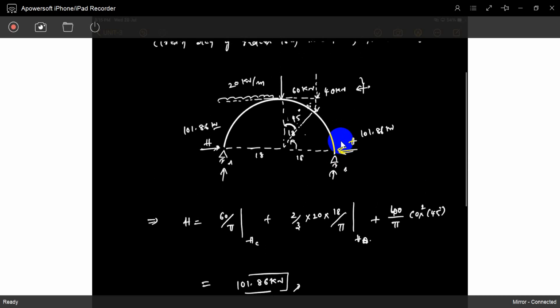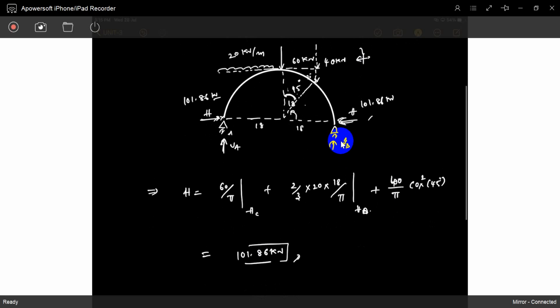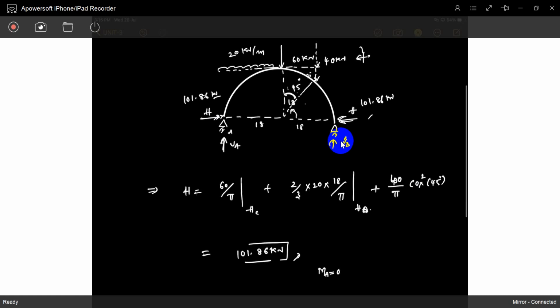So now you can easily, without the help of the H also, you can find out VA and VB. Are understood? Just see, write down the moment at A. The problem statement doesn't ask, but you can easily find out. See, moment at A equal to 0. Write down, it's VA multiply with 36, minus 40 multiply with this distance.